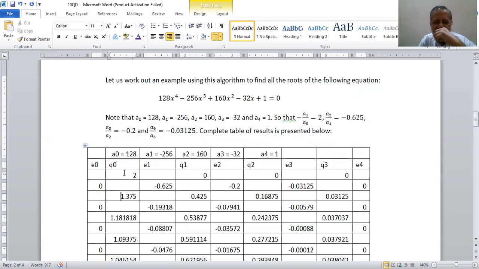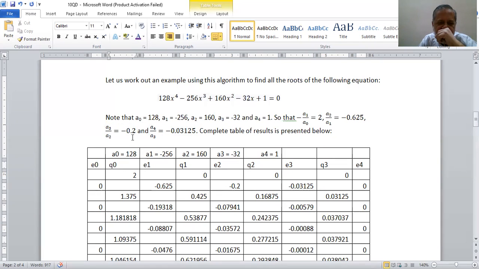How the rest of the values in the table are developed is explained next. For the first row of Qs, we use the coefficient of the third degree term divided by the coefficient of the fourth degree term and take the negative of that.